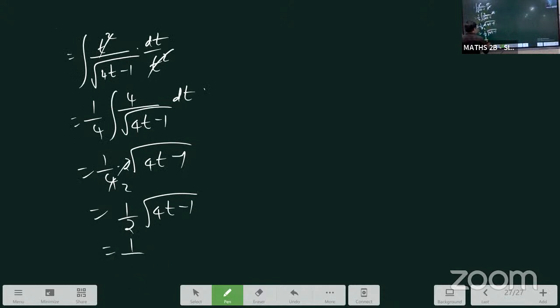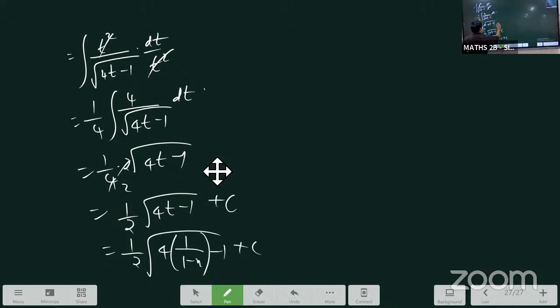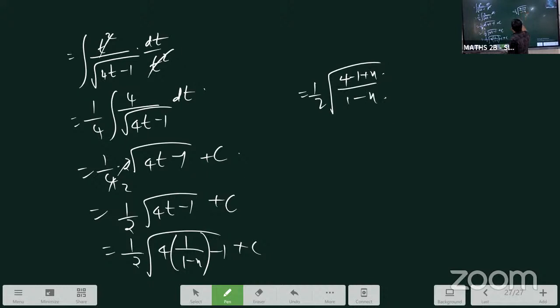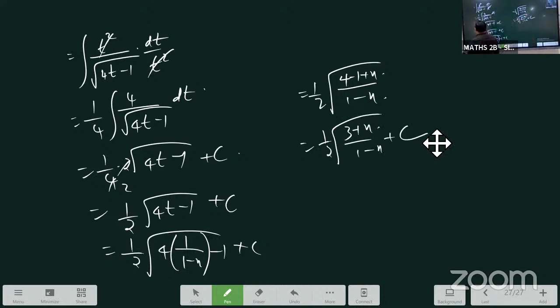Under root of 4 into 1 by 1 minus x minus 1 plus c, that is half under root of 4 minus 1 plus x by 1 minus x, half under root of 3 plus x by 1 minus x plus c.